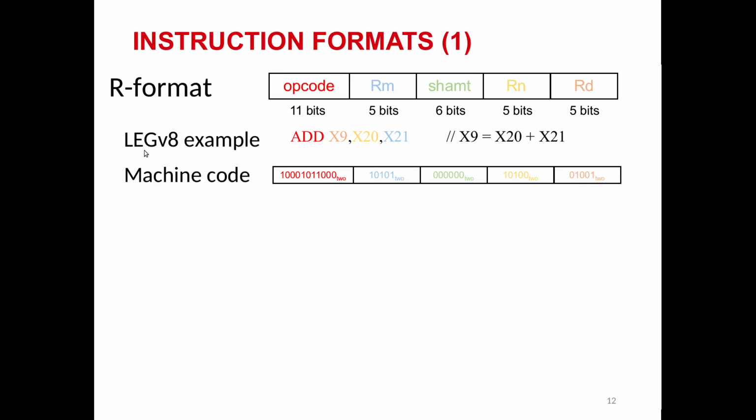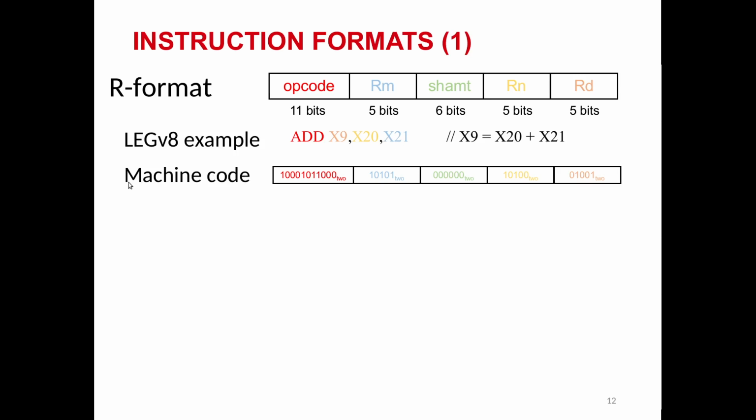An example of an R format instruction in LEGv8 is this: ADD X9, X20, X21, which means that the value of X9 will be equal to the value inside X20 plus the value inside X21.